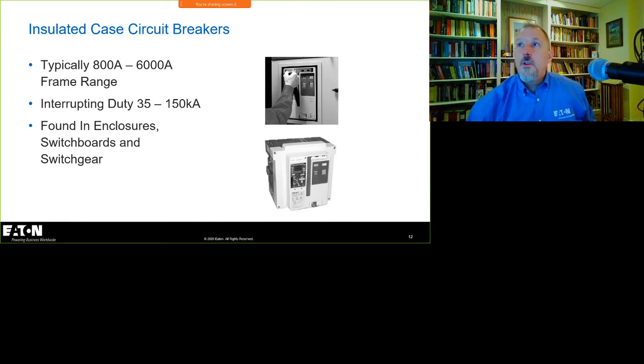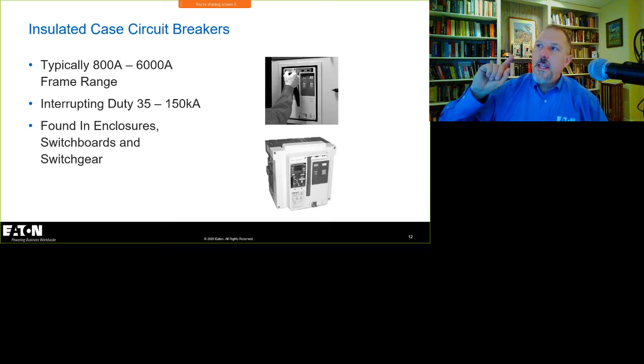Typically, your insulated case circuit breakers. This is that in-between device that we put in to give us that buffer zone between going from molded case all the way up to power breakers. Typically you're going to go from 800 to 6,000 amps, up to 150,000 interrupting, and you have these in some sort of enclosures, switchboards and switchgear.